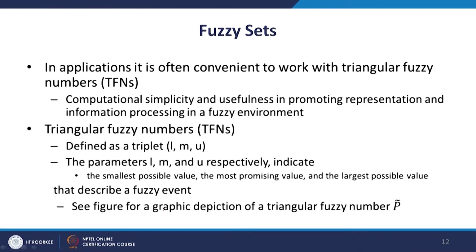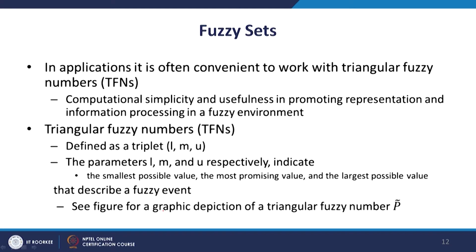If you look at the definition of TFNs, triangular fuzzy numbers, the parameters used to define them, L, M, U, the smallest possible value, the most promising value, and the largest possible value, are in a sense conveying this notion of partial membership.